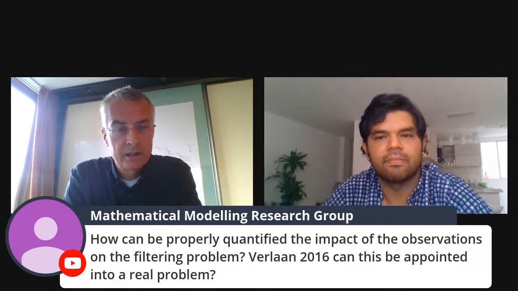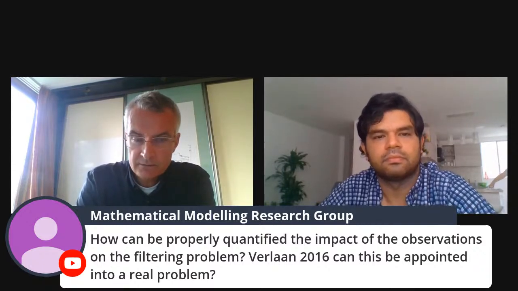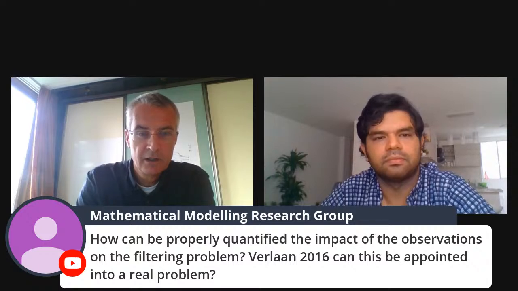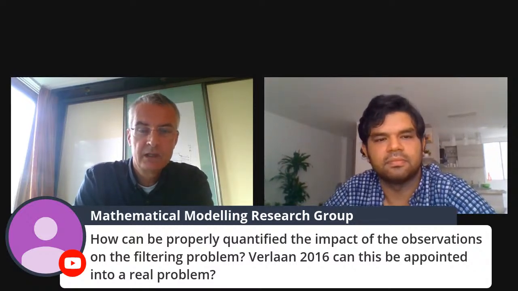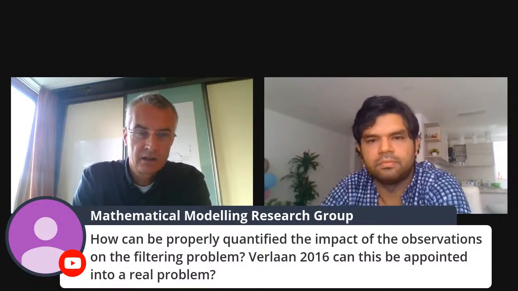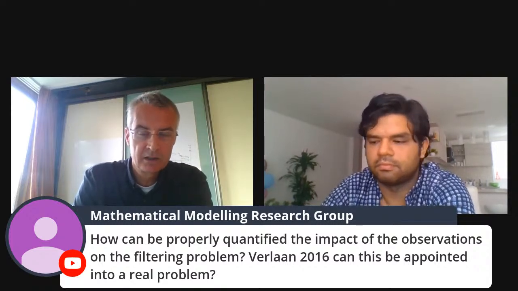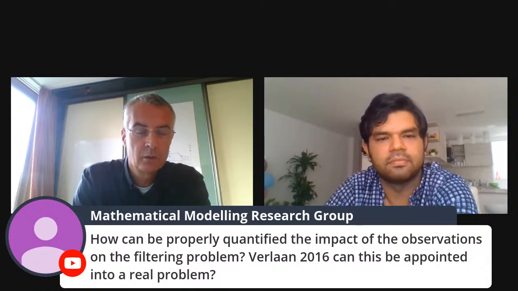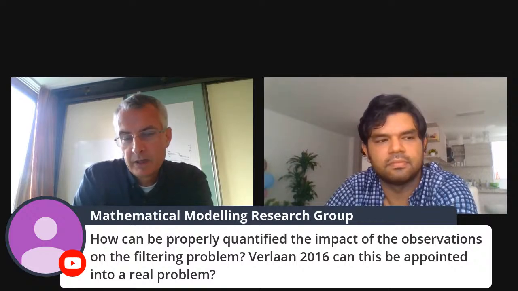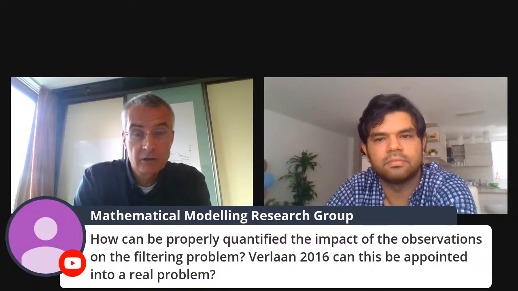Yeah, the impact of observations is quite a topic in itself. The simple answer is probably that you can make an experiment with and without a particular set of observations and see what the impact is. And depending on your application, if it's for forecasting, you also have to look at forecasting accuracy.